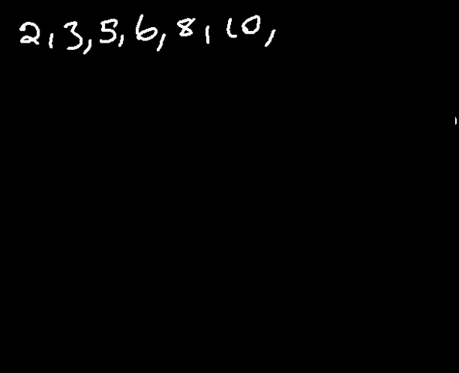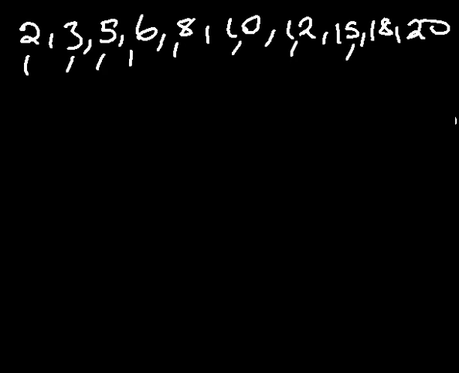So now, what if we are given the data set and the reverse has to be done? Let's say we have the data values like the one we had before. Already in ascending order, it is given as 2, 3, let's say 5, 6, let's say 8, 10, 12, let's say 15, 18 as well as the 20. 1, 2, 3, 4, 5, 6, 7, 8, 9, 10.